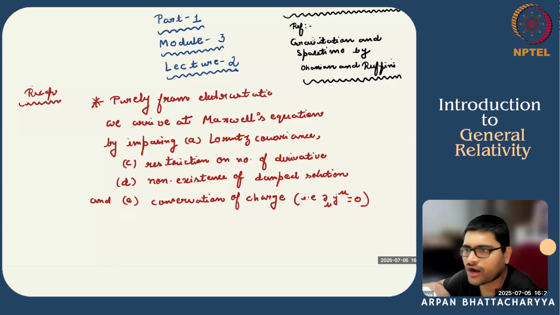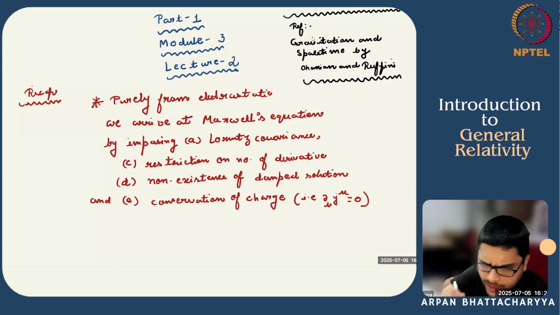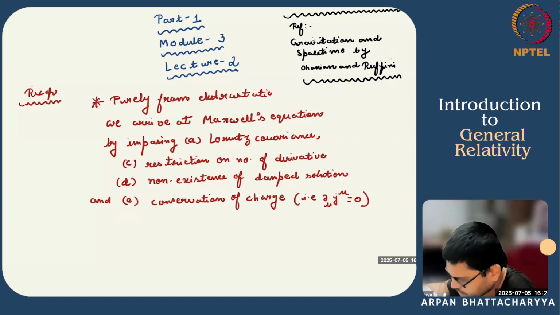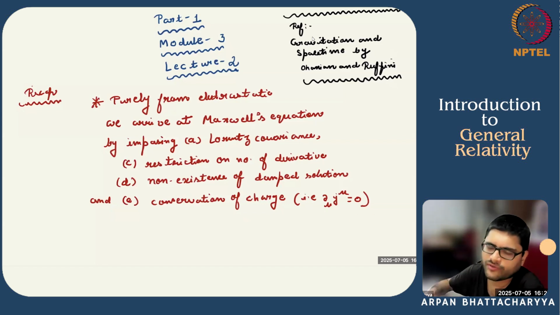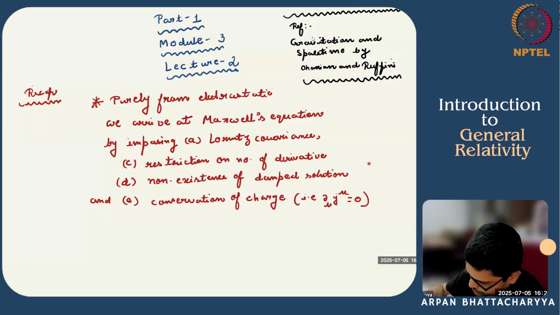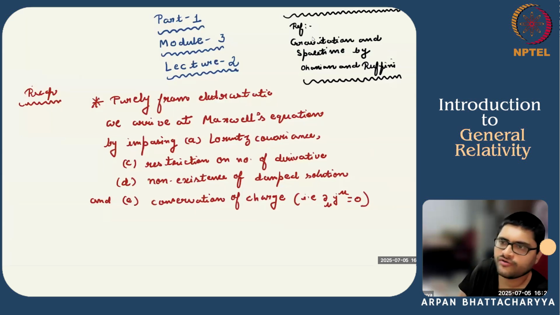We only have a 1 over r kind of potential for them, and the conservation of charge, that is, del mu j mu equal to 0. We have to impose this continuity equation, and given this set of conditions, we get our familiar Maxwell's equations purely from the equations of electrostatics.